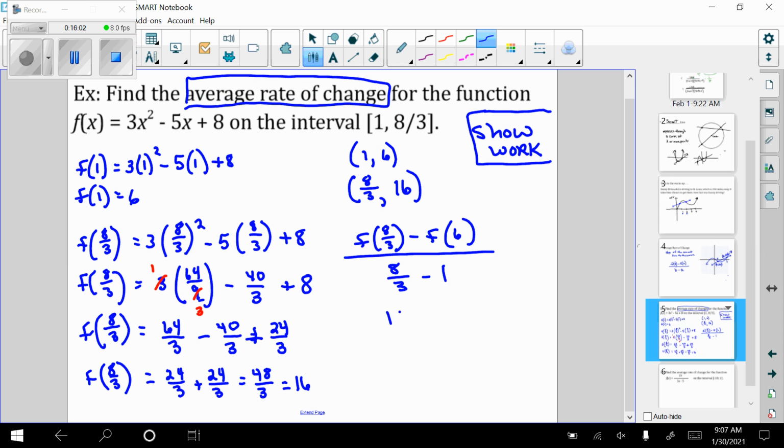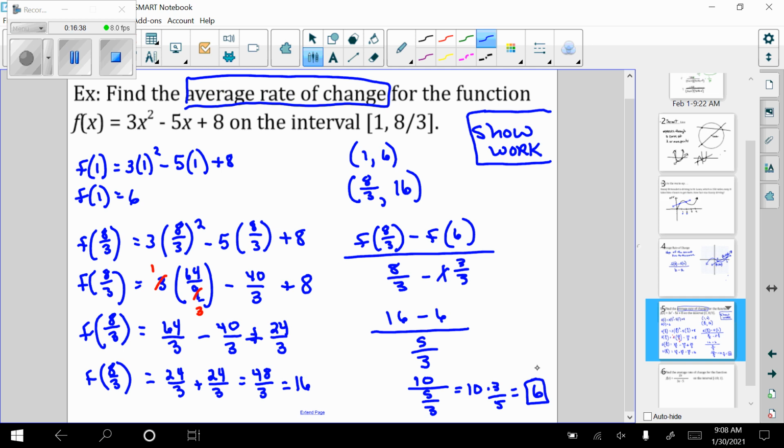So I have 16 minus 6, and 8/3 minus 1, that would be 3/3, so it would be 5/3. Which is 10 over 5/3, which is 10 times 3 over 5, which is 6.